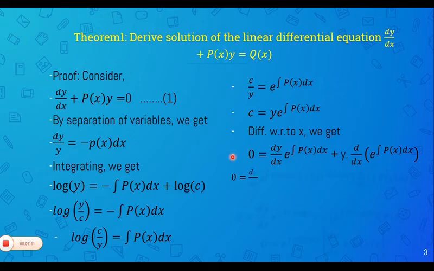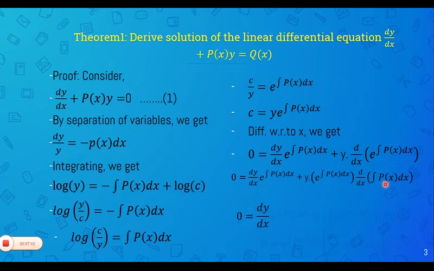So the next step is 0 is equal to dy by dx e to the power integration p dx plus y into the derivative of the exponential function. The rule for finding the derivative of an exponential function is that you keep the exponential function as it is, into the derivative of the function present in the power, that is, d by dx of integration of p dx.